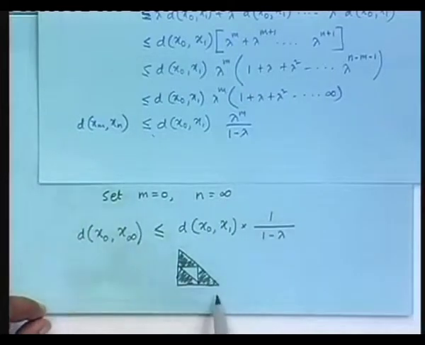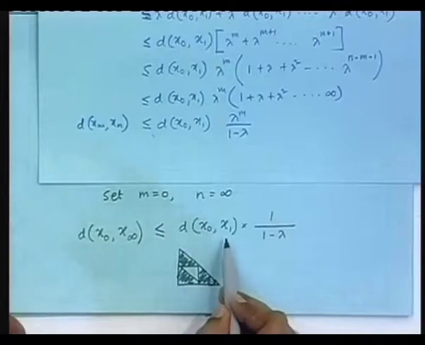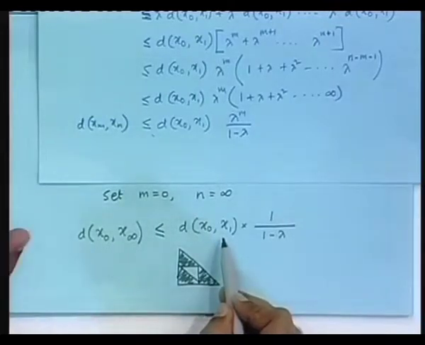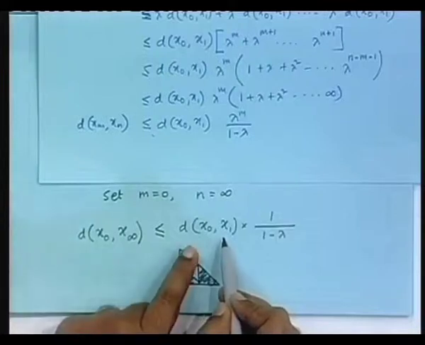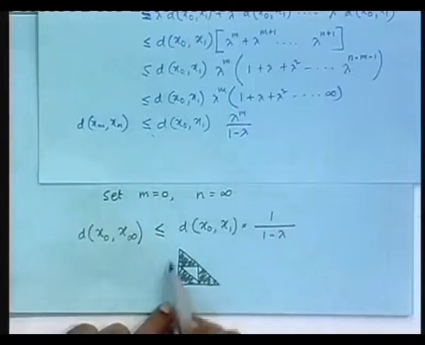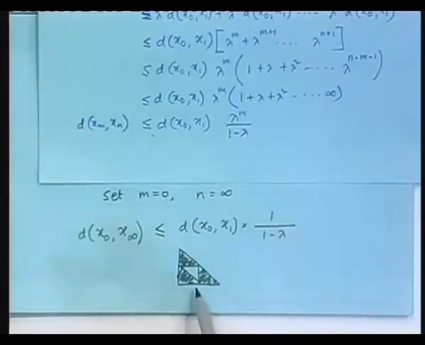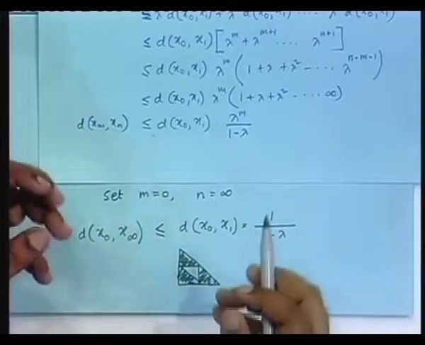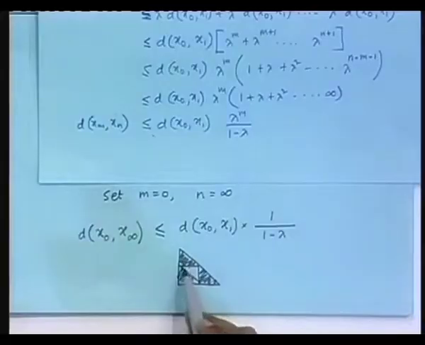Then suppose this is my object, then I have to choose the transformations in such a way that after the first iterate you get more or less the same object. How can I do that? By writing each of the w's to make parts of the original object.